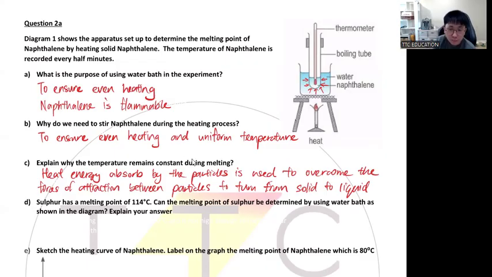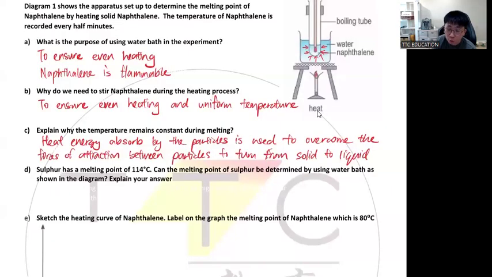Sulfur has a melting point of 114. Can the melting point of sulfur be determined by using a water bath as shown in the diagram? If you say water bath for sulfur, cannot. Why? Because the water bath maximum is what temperature? Your water maximum is 100 degrees Celsius. So if you want to go more than 100, impossible.